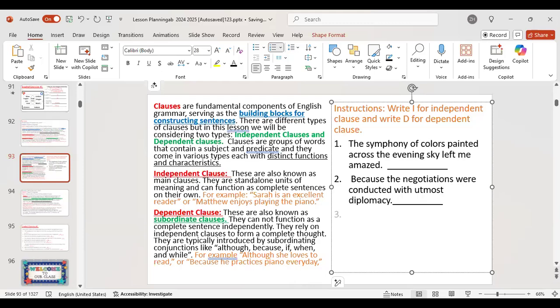Number 3, since she had carefully planned every detail.